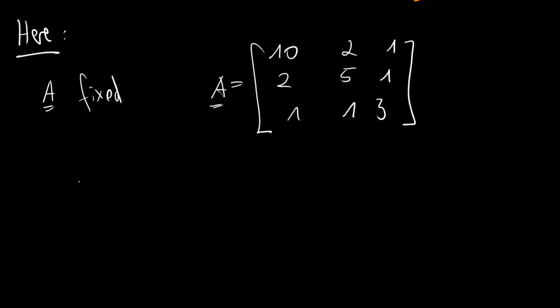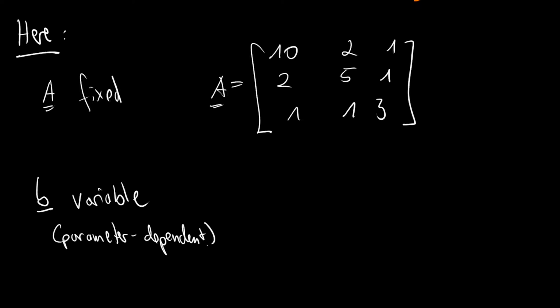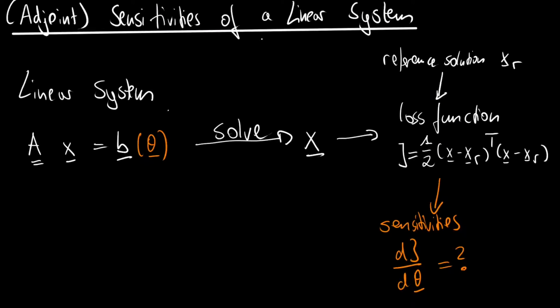And we have a right-hand side, b, which is variable, or you can also call it parameter dependent. And this right-hand side looks as follows. So we have a b, and this must then also be a three-dimensional vector in order to match the shapes of our linear system.